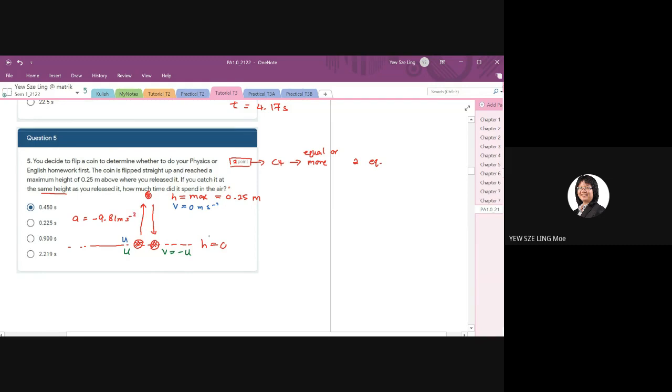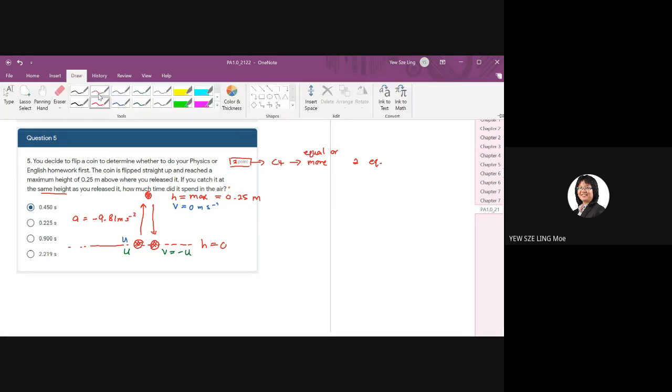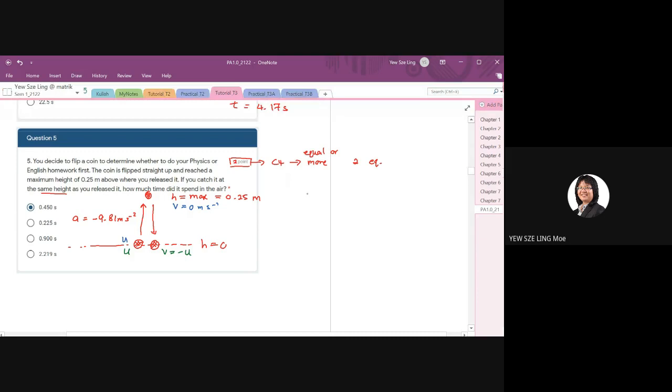There are 2 methods that can be used to solve these questions. I will go through both of them with you as a part of revision. So method 1, I'm going to use the information in blue color. I'm going to take the final position at maximum height. This is my initial, I, and this is final, F. For the initial position, I have u, which is an unknown value, so I don't have enough information.